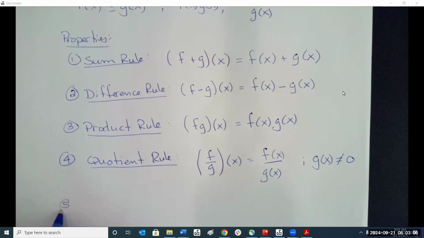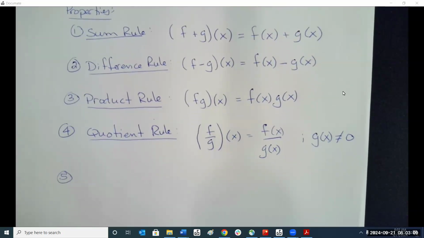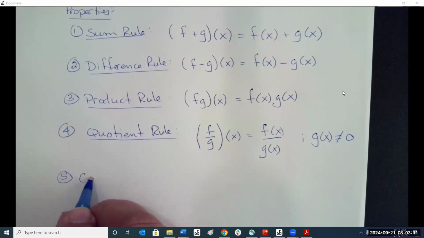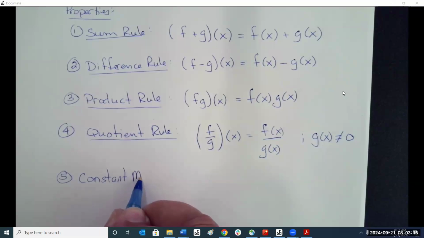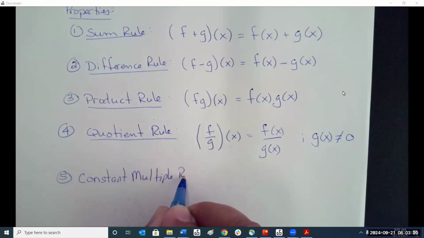And the fifth one is not really there, but it's important. It's called the constant multiple rule.